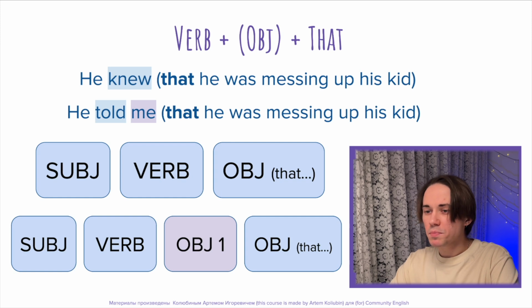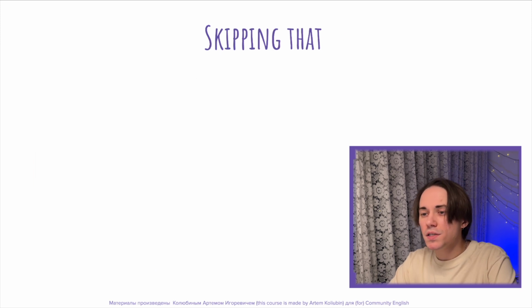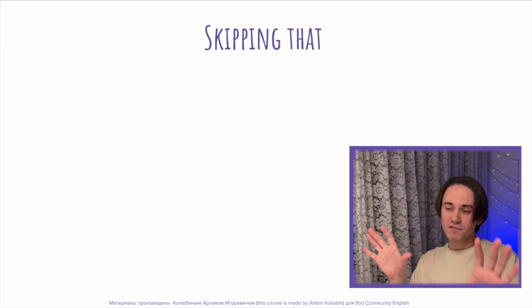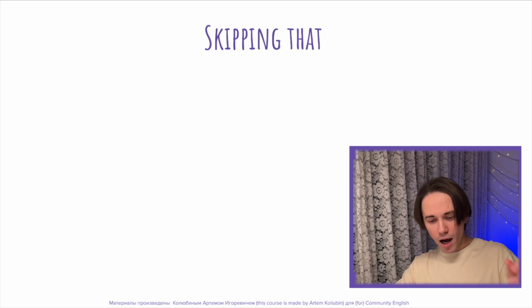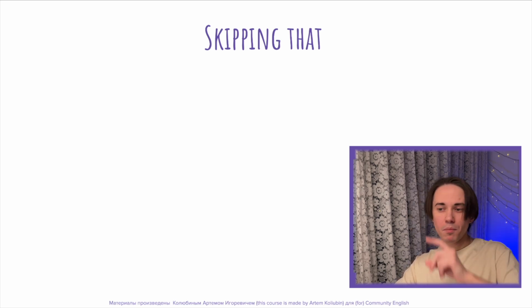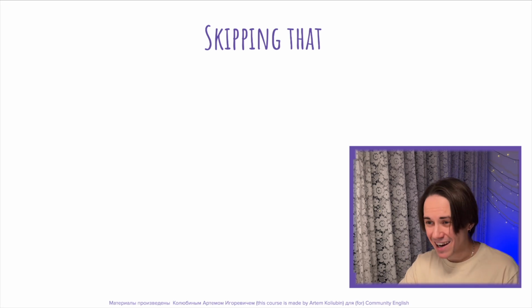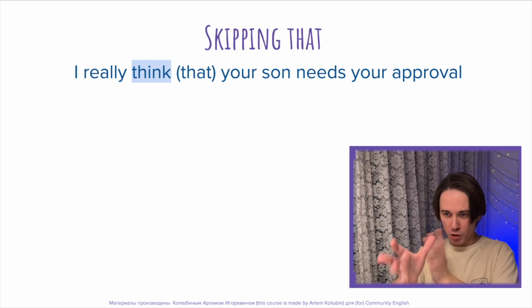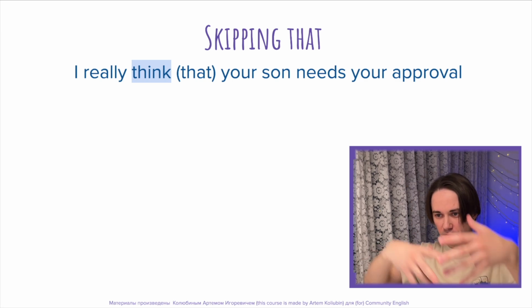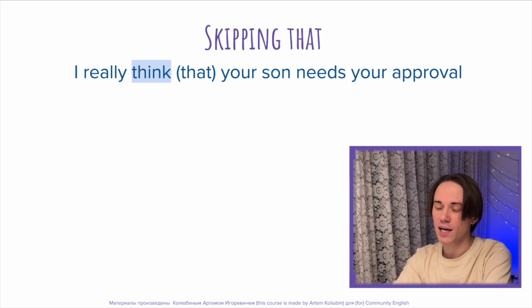One more aspect of that is that when you have this kind of structure, so verb plus that, I tell somebody that, you can skip that. That's the best part. So for example, you can say, I really think that, we just learned that, think, the activity, we use that to connect to the second sentence.